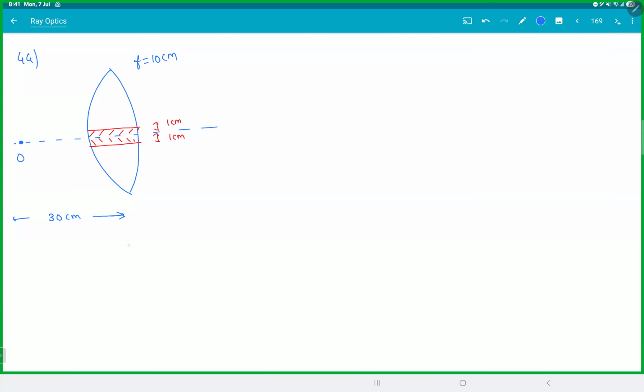And then what you did, you clubbed them. After removing it, you joined the two lenses. The object is still at the same place, nothing changed.